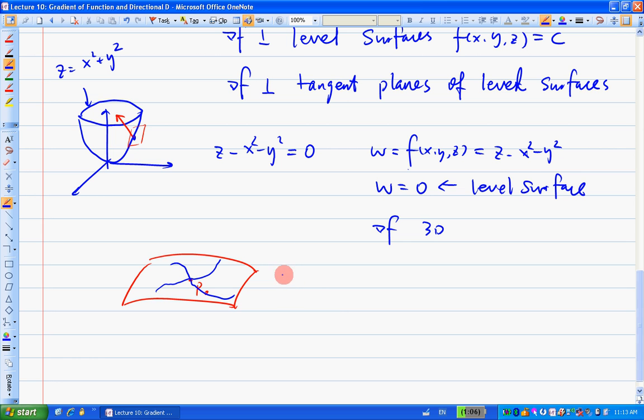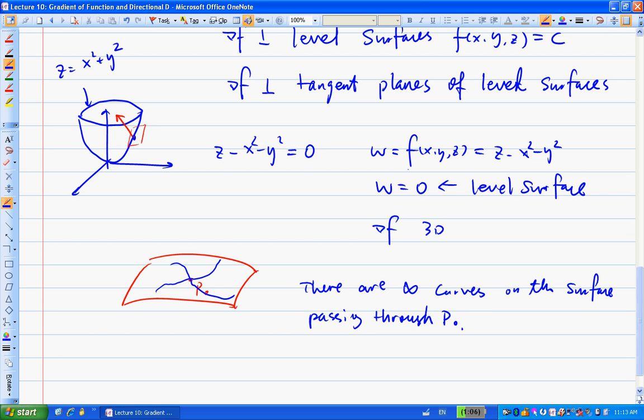So there are an infinite number of curves on the surface passing through P naught.